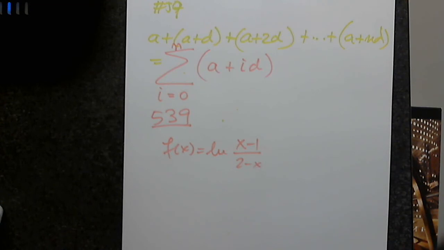Say it again. So this is natural log of an expression. What has to happen for this function to exist? Now the bottom can't equal 0.